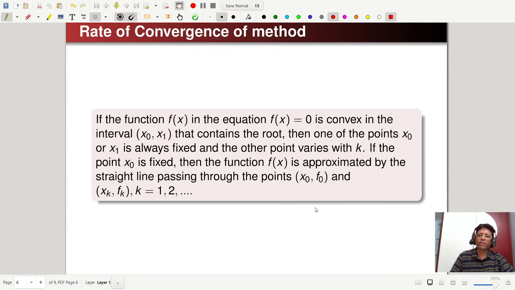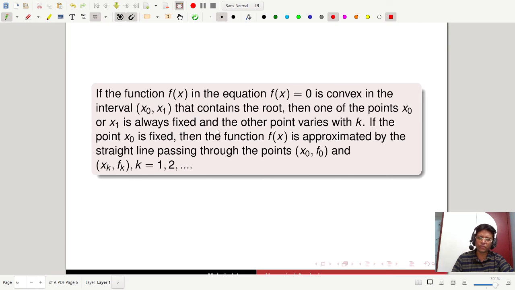And what is the rate of convergence of the method? If the function f(x) in the equation f(x) = 0 is convex in the interval [x0, x1] that contains the root, then one of the points x0 or x1 is always fixed and the other point varies with k.